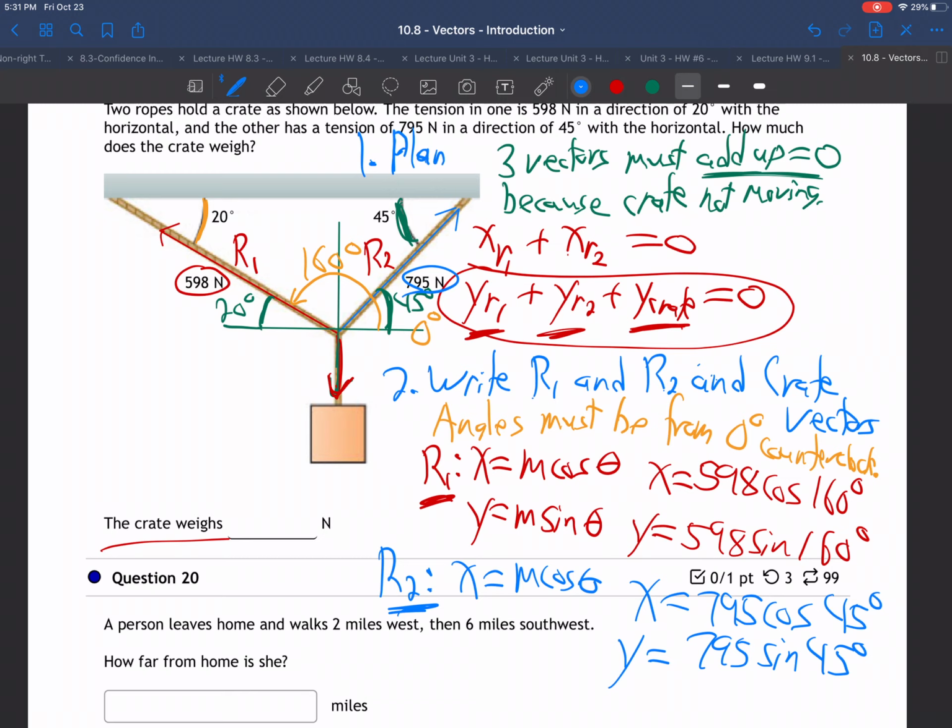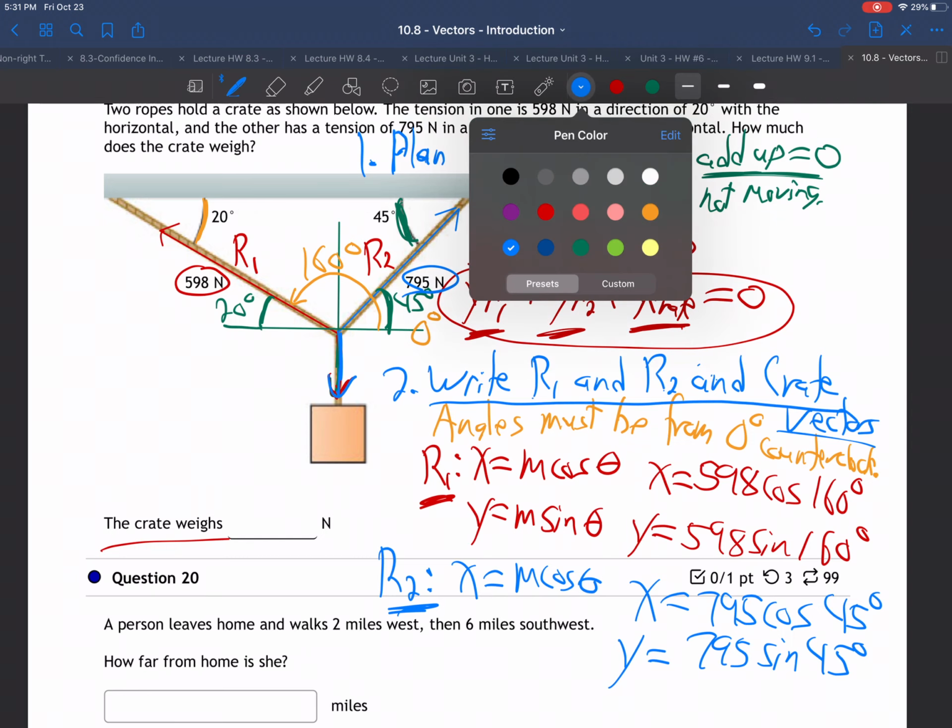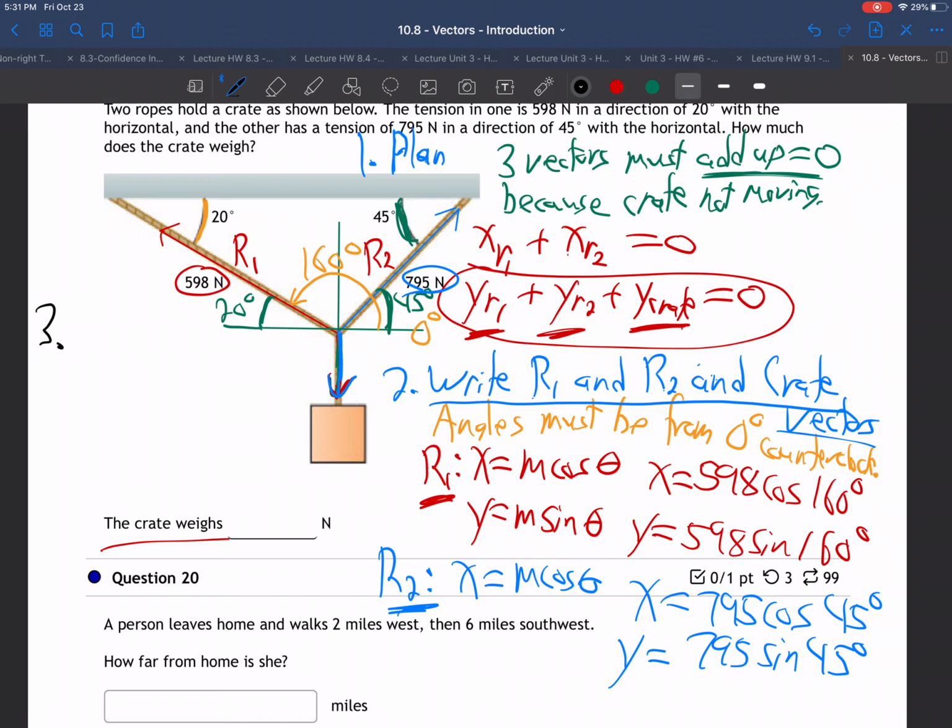All right, so what do we know then? We know that step 2, we wrote the R1 and R2 and crate vector. Well, the crate vector is just a straight down y component. So now step 3, I'm going to wrap up this problem using this formula right here: y for R1 plus y for R2 plus the y for the crate must equal 0.